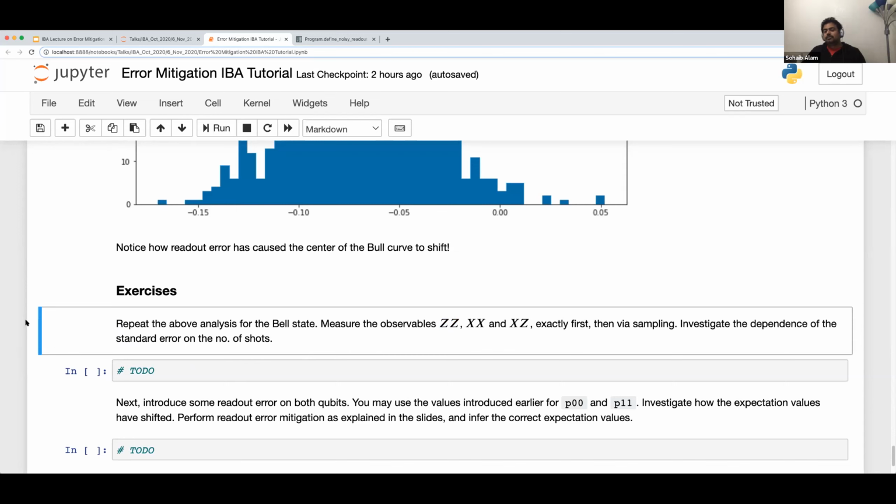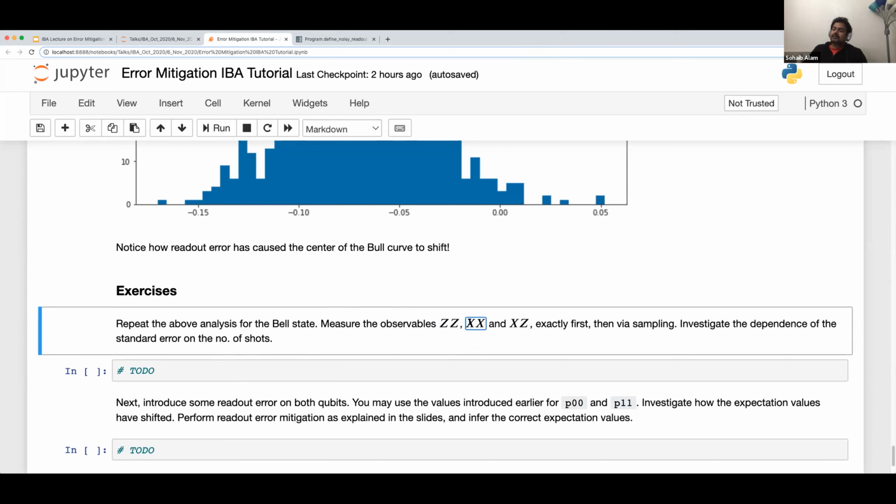Whether you're in the 0,0 or the 1,1 state, you will always get the value of this operator being equal to 1. However, if you compute the average of the first column times the average of the second column, you'll find it to be 0. So drastically different results, and you have to be careful.